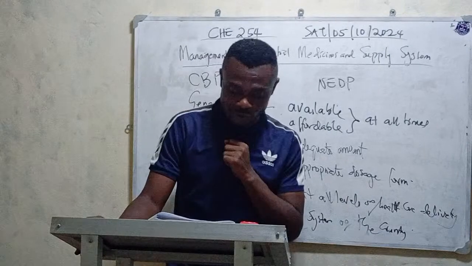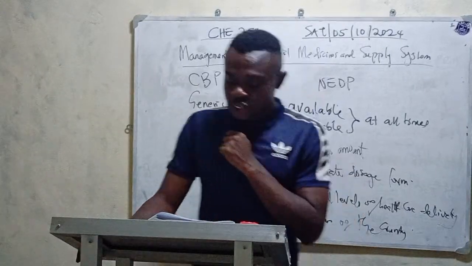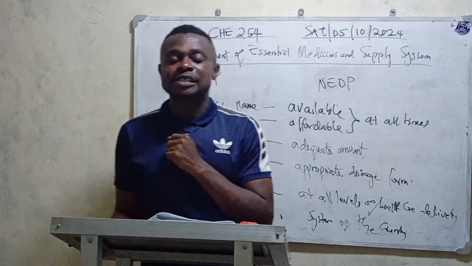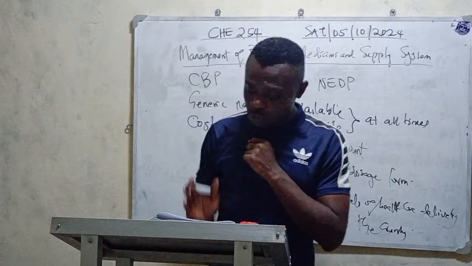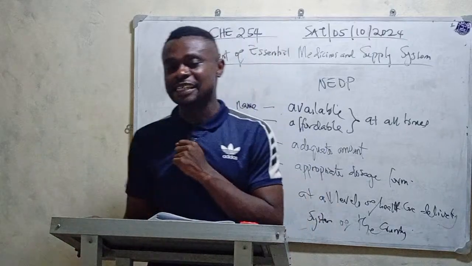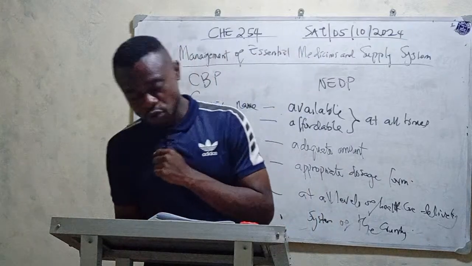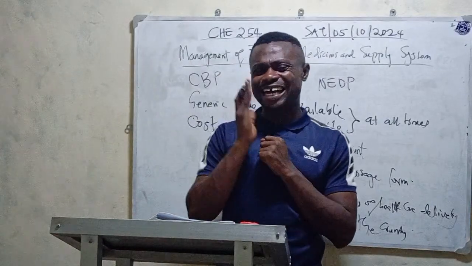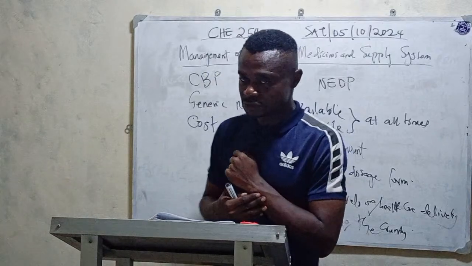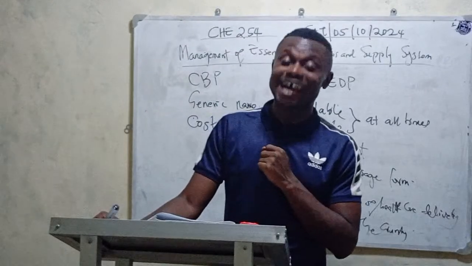Another objective of NEDP is that it makes sure that drugs are selected well, and the quantity needed is well calculated before procurement and use. So it introduces a rational system of drug selection, calculation, procurement, and use.